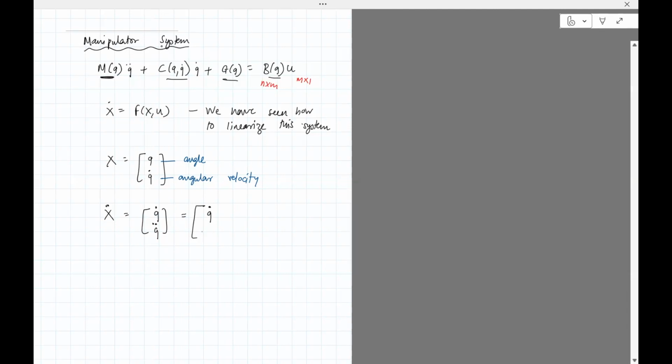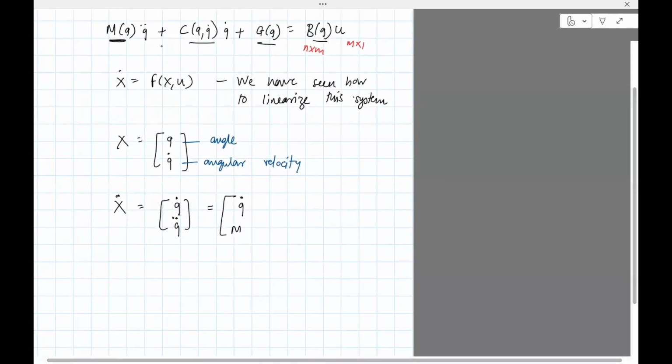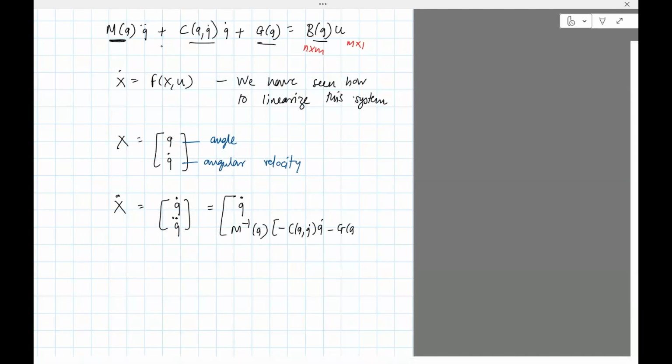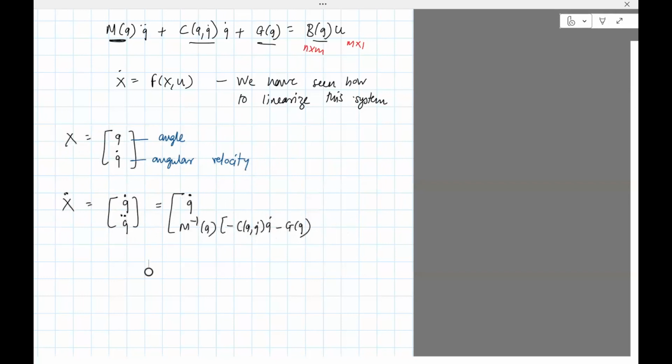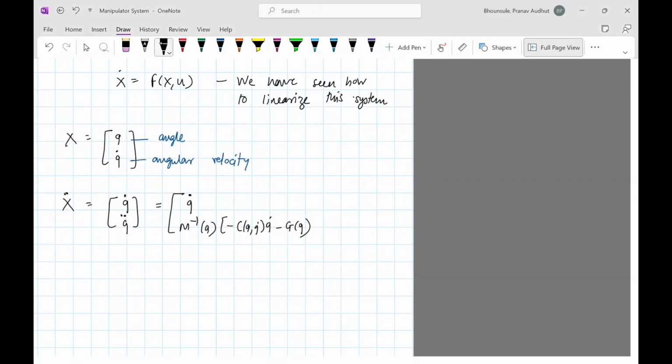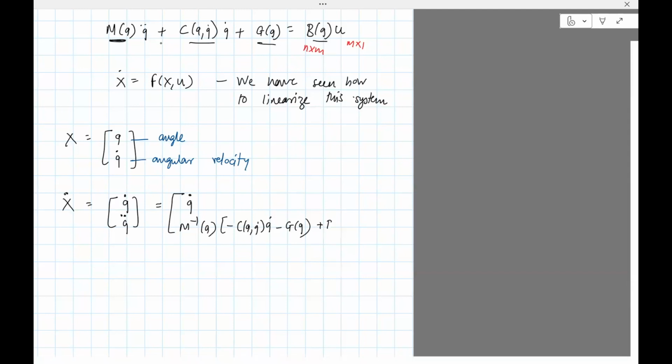So m inverse times q, minus c q dot, minus gq, then I have plus pq. I think that's about it.